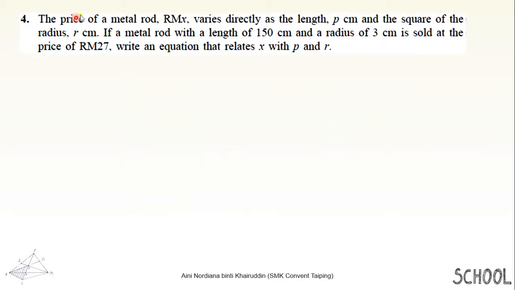Next, question number 4. The price of a metal rod, RM X ringgit, varies directly as the length, P, and the square of the radius, R cm. If a metal rod with a length of 150 cm, so this is the length and this is the R, sold at the price of 27 ringgit, write an equation that relates X with P and R. So first step, write in the relation form, X varies directly as P and square of radius, so P R square.